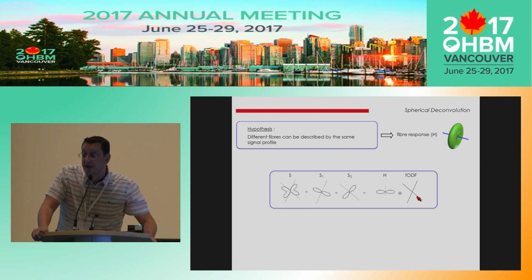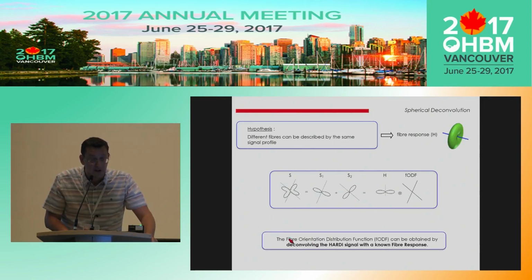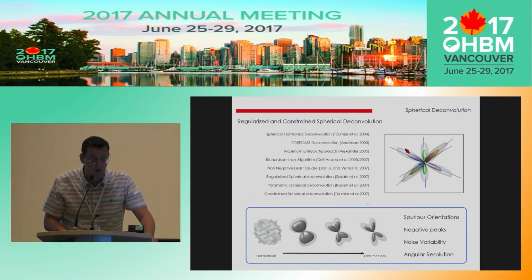Normally, what we have is the signal. We can choose a model. We can sample the model from the signal, by selecting a voxel with a single fiber orientation, or, which is what I usually prefer, we can select a model directly from some parameters I estimate, and then we can do the deconvolution. So the idea of spherical deconvolution is essentially deconvolving the signal, assuming a model of the fiber, using this fiber response.